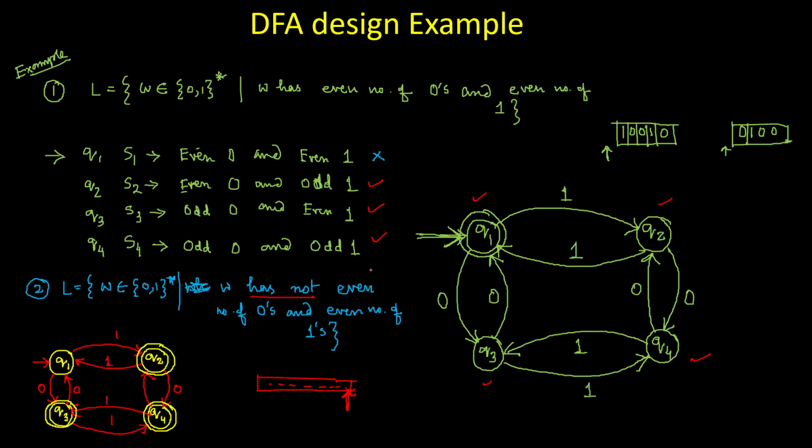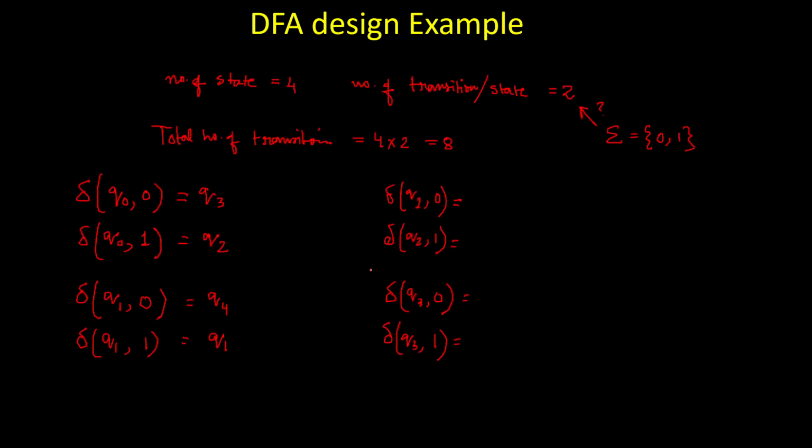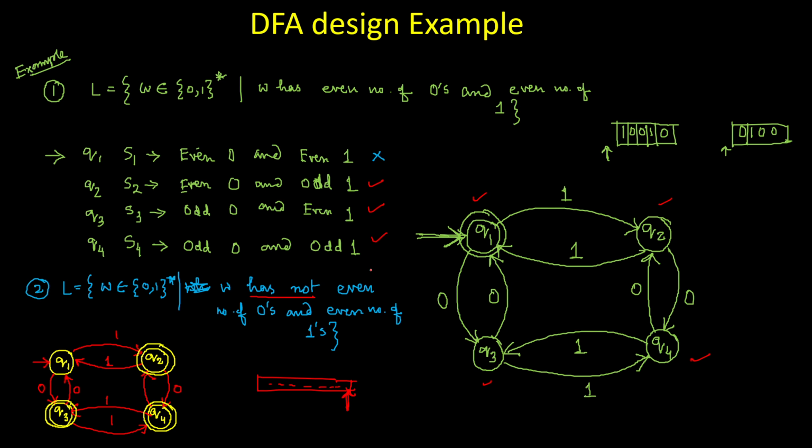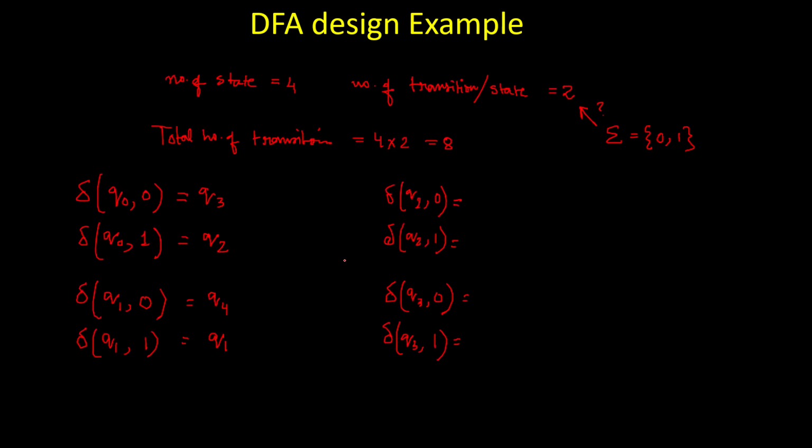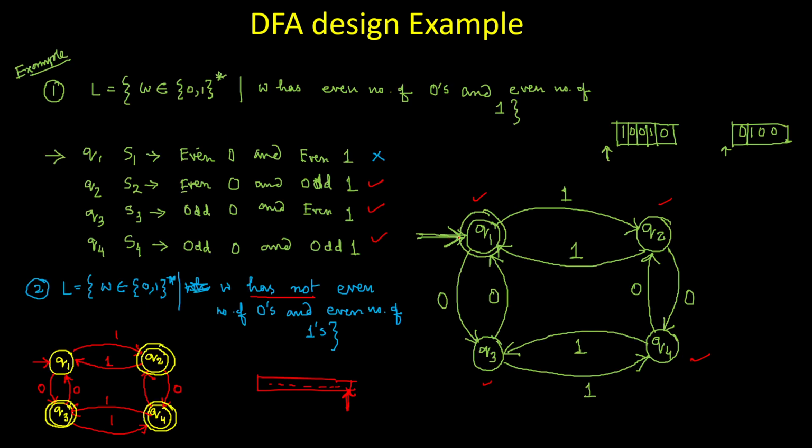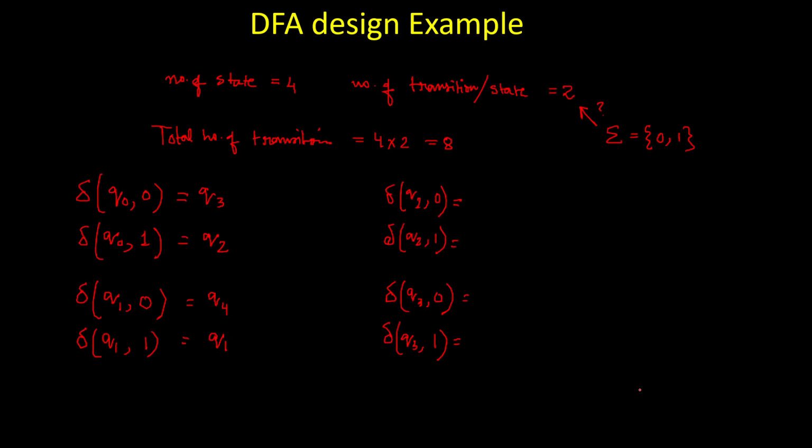Oh, I'm sorry, it is written Q1. Actually, I started from Q0 here, but here I have written Q1. That's why maybe you will be confused, but don't be confused. You can consider this as Q0, this is Q1, this is Q2, and this is Q3. I have considered this in the next slide.